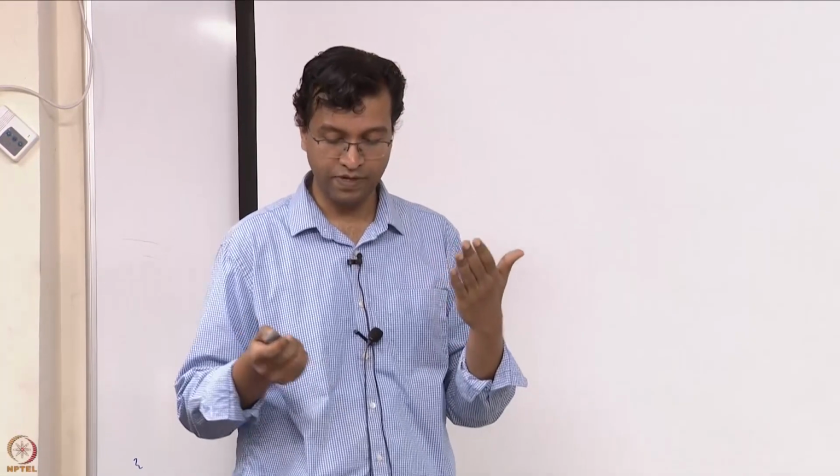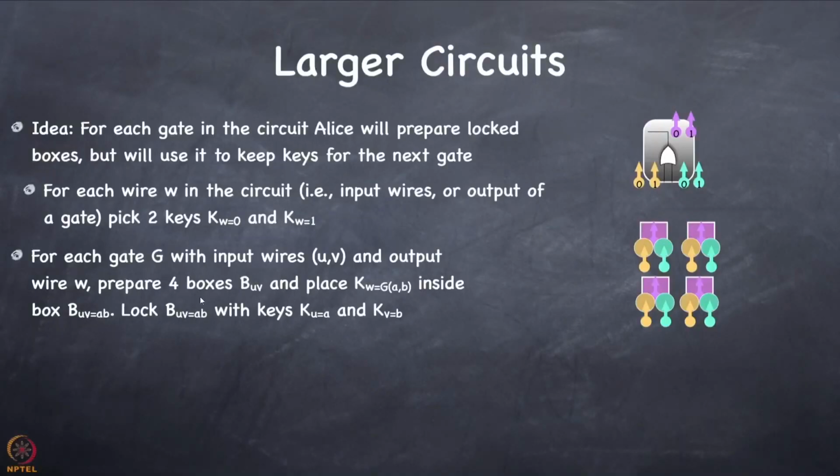So take the box labeled UV equal to 0, 0. Here I'm talking about UV equal to AB. Inside that will be a key corresponding to W equal to what? Say this gate's function is G, and it could be AND or OR or NOT of something, whatever. So some Boolean function G.